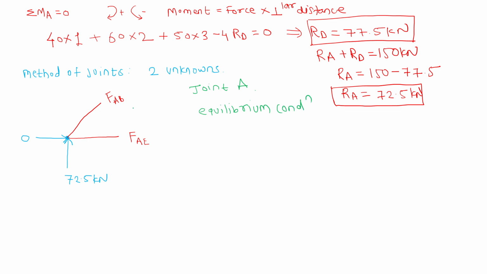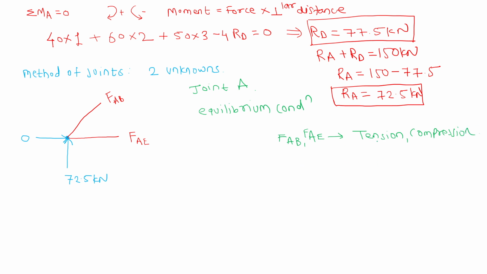Okay, if we solve, we can get the force in member AB and force in member AE, as it is a truss, so the force nature will be either tension or compression.